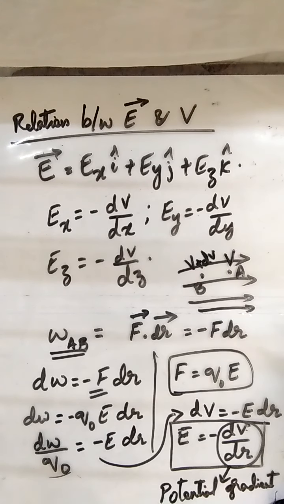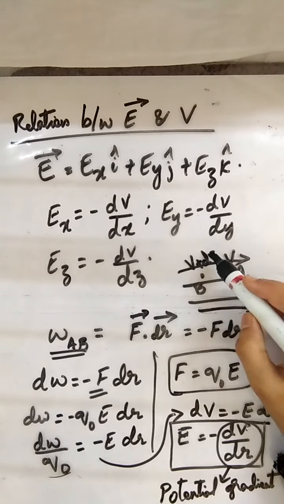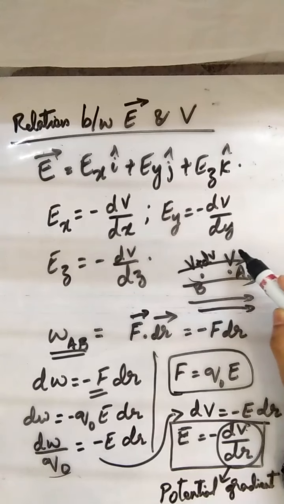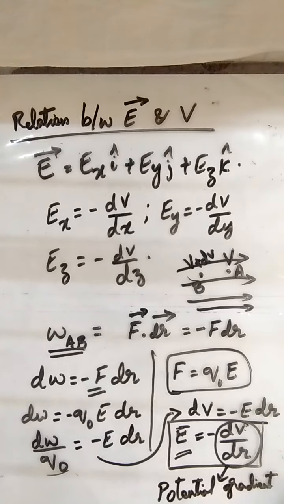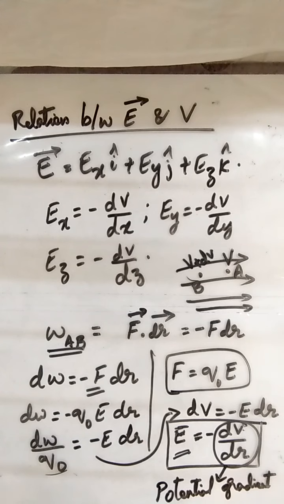So in which direction will E be? E will be in the direction of decreasing potential. Potential is more here, here it is less. So the direction of E is toward decreasing potential. That is why this minus is there over here. Is that clear?